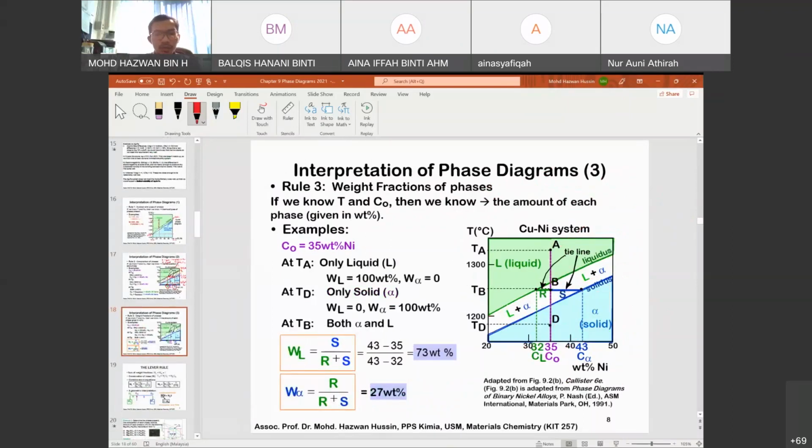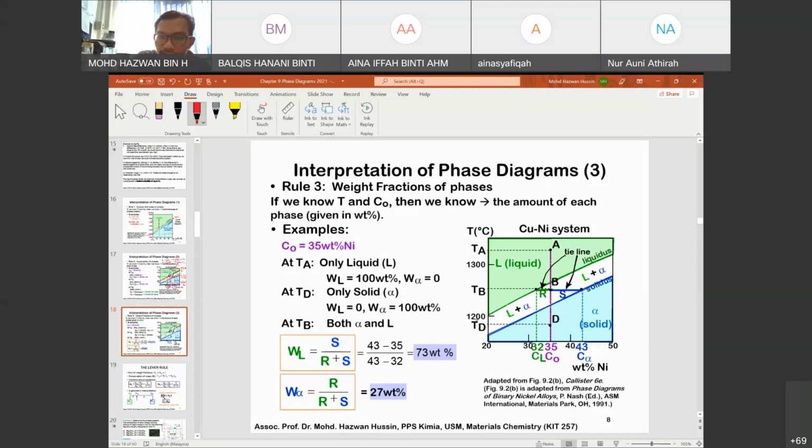All right, so moving on to the next one. This one is slightly tricky. Rule number 3: weight fraction of phases. If we know the temperature and also the composition, then we will know the amount of each phase given in weight. For example, the initial composition is 35% of nickel, still the same composition.